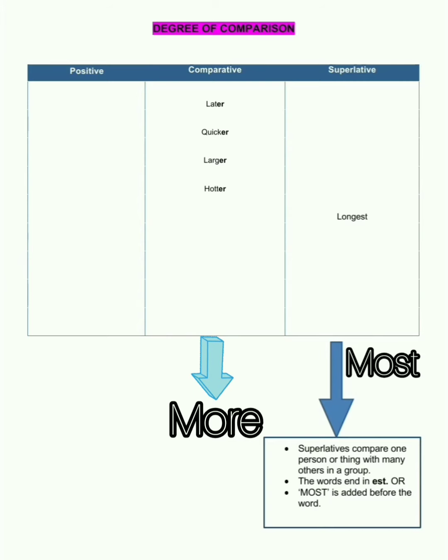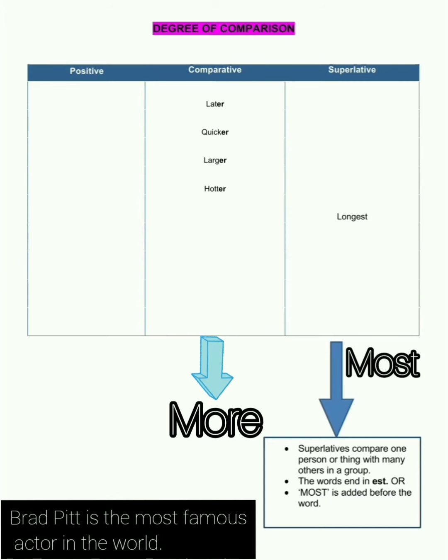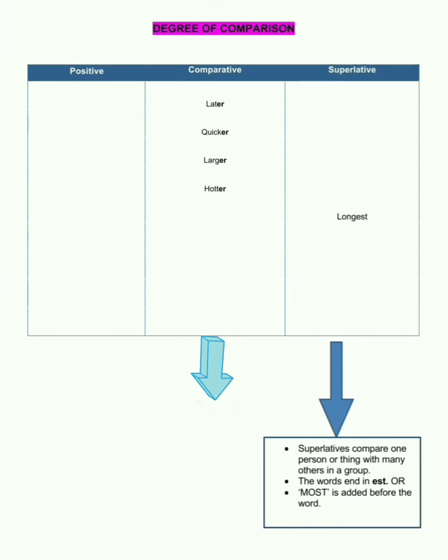For example, Brad Pitt is the most famous actor in the world will be superlative, and comparative will be more famous. Also, students, don't forget to use the before a superlative. For example, the most beautiful or the most famous. So we are done with the superlative degree.